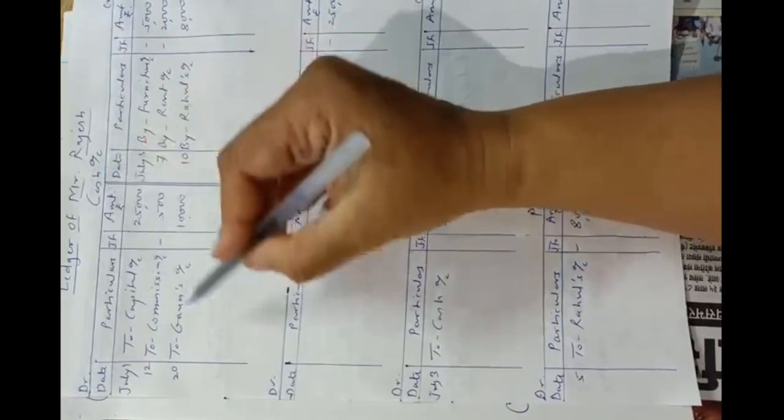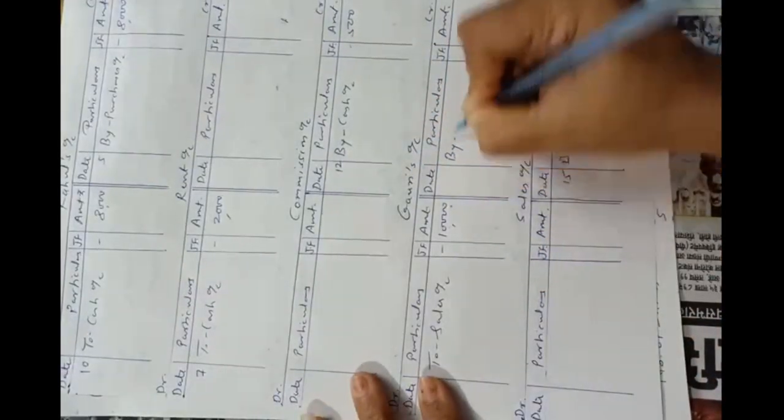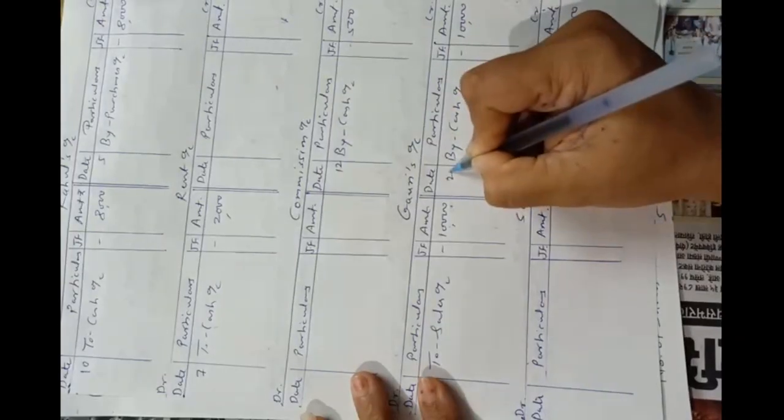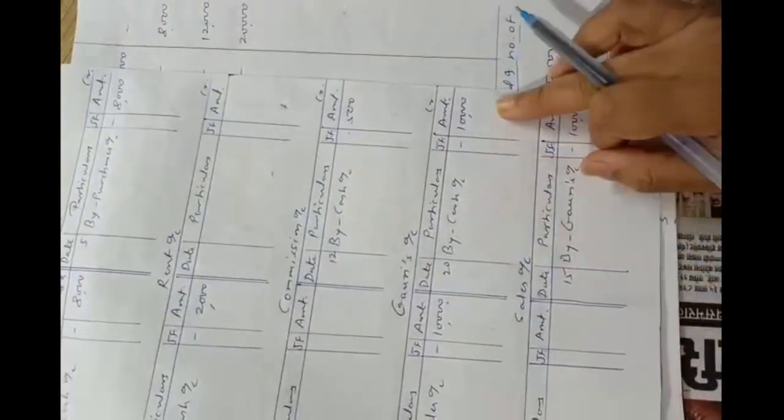And now the second posting, debit side of cash account to Gauri's account means credit side of Gauri's account by cash account. Amount will be 10,000 and the entry date will be 20th July. म्हणजेच कॅश अकाउंटच्या डेबिट साईडला टू गौरीज अकाउंट मीन्स गौरीज अकाउंटच्या क्रेडिट साईडला बाय कॅश अकाउंट.